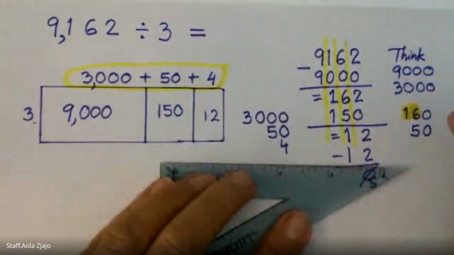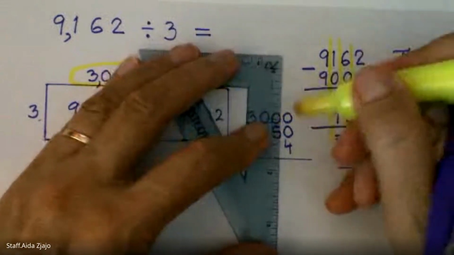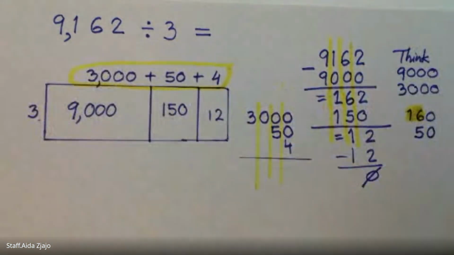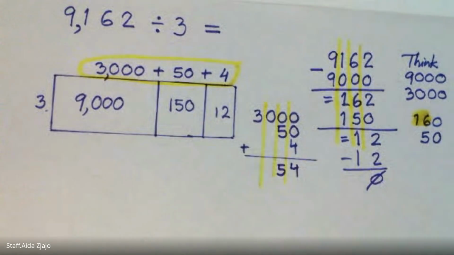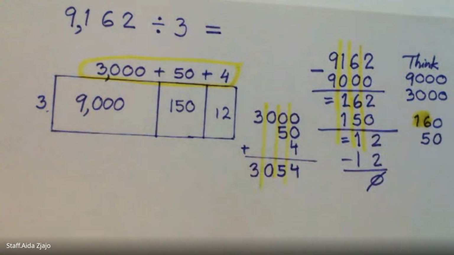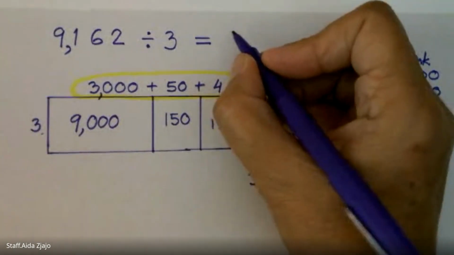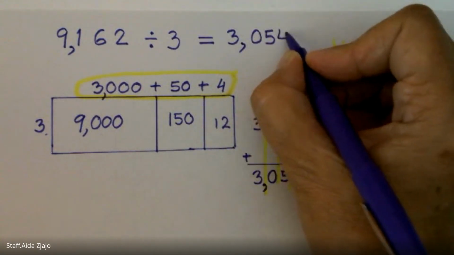When they place value and add correctly, then I can take my highlighter and add. Oh, sorry. My answer has 0 and 3. So the answer is 3,054.